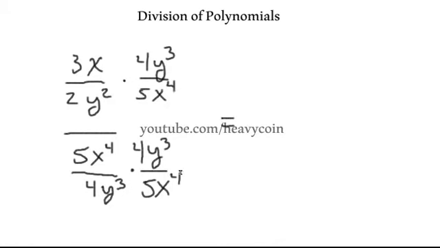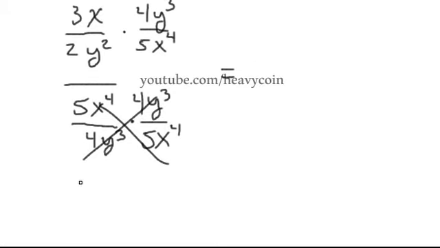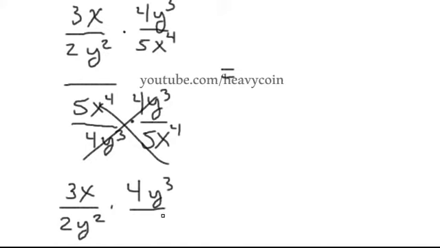Alright, so remember, this all becomes 1 because these cancel out, and so we end up left with, you know what, I'm going to write that down here. We're going to be left with 3x over 2y squared times 4y cubed over 5x to the 4th.